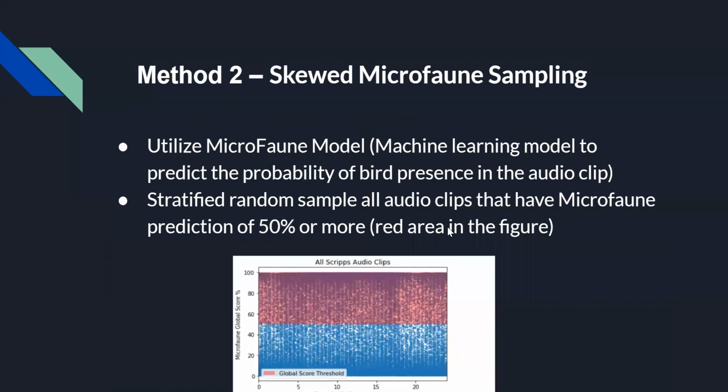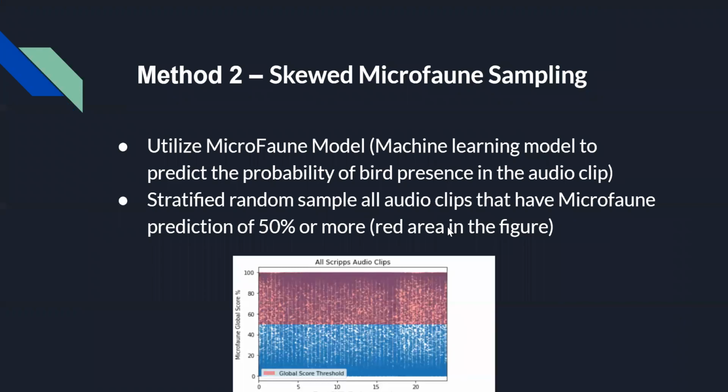In method two, we use a machine learning model called microfauna, which could provide us the probability of bird presence in the audio clip, and it's called global score. We first select all the audio clips that have 0.5 global score or higher, and then for each hour in each audio mod, we select one audio clip.